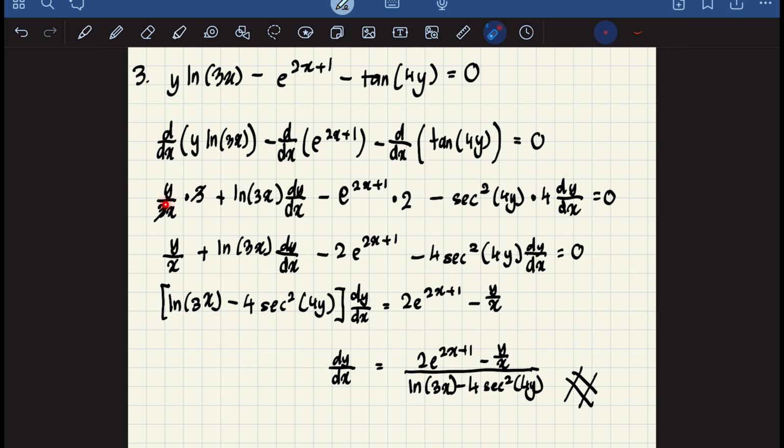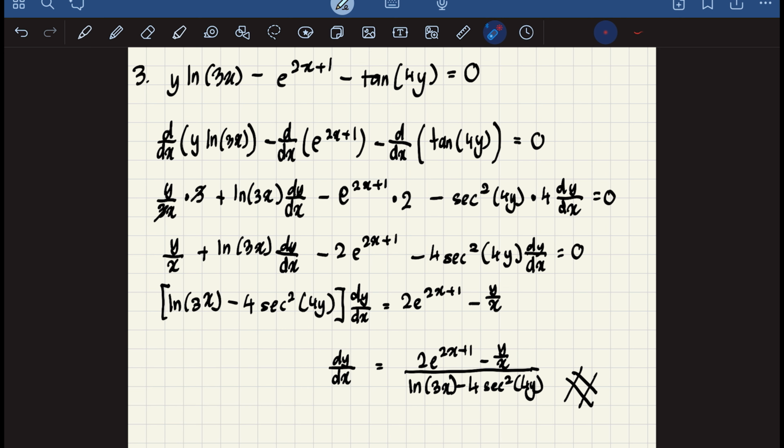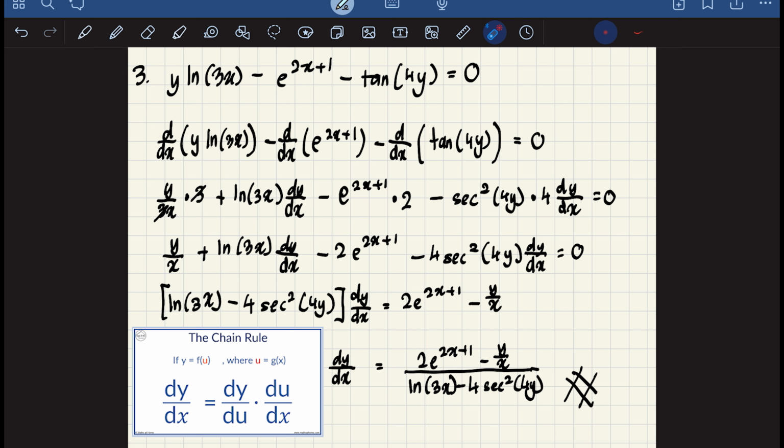For the first term, by using product rule here, we get y over x plus natural log of 3x dy/dx. For second term, we're using chain rule here, we get 2e to the power of 2x plus 1. For third term here, by using chain rule too, we get 4 sec squared of 4y dy/dx.